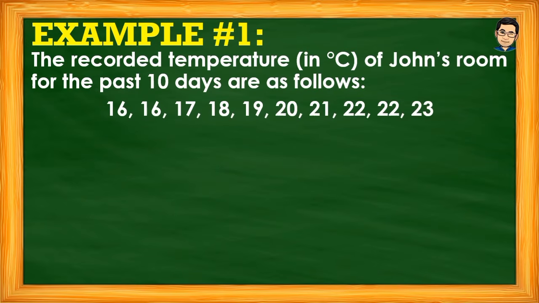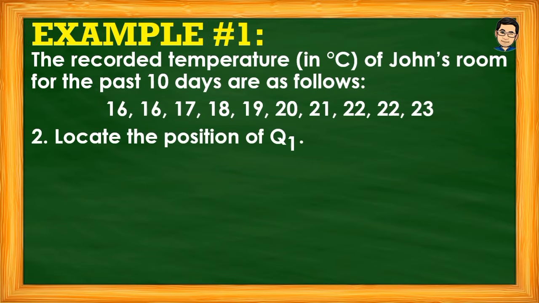So, yung next step natin, we will locate the position of quartile 1. Okay, so mapapansin nyo, naka-arrange na yung ating mga temperature, recorded temperature for the past 10 days. So, pwede na natin kunin ang position ng quartile 1, the lower quartile, that is through the formula 1/4 times the quantity of N plus 1. So, 1/4 times N, that is 10.